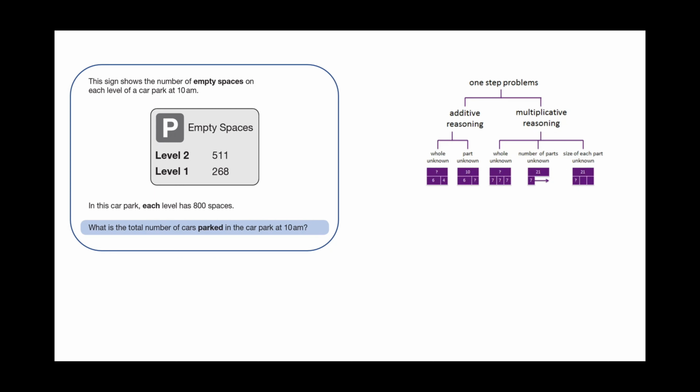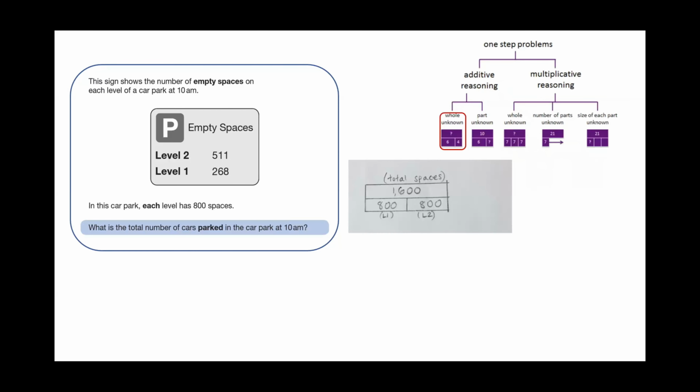Now I can start to use this information to think about how I'm going to solve the question. My first step is to use what I know about the spaces available to find the total number of spaces available in the car park. So I know that each level has 800 spaces. I know the two parts, but my whole is unknown. I'm going to start by adding together my two parts to find my whole.